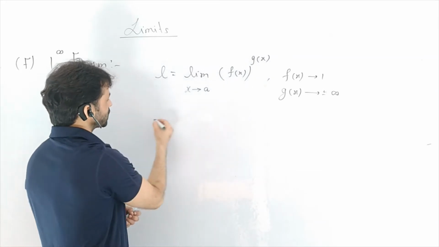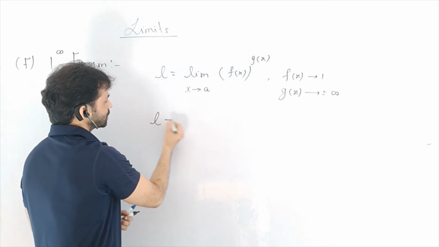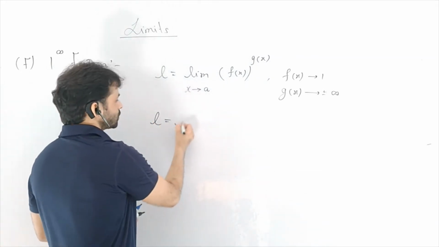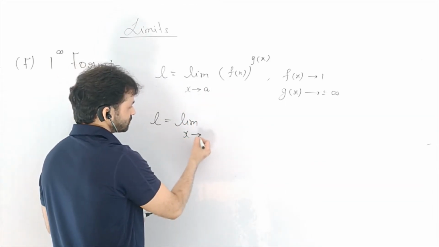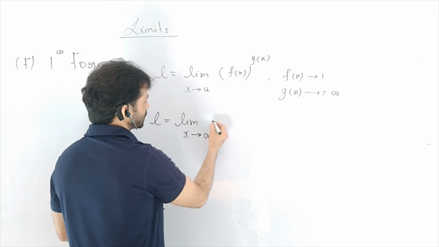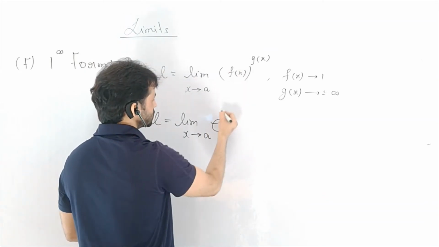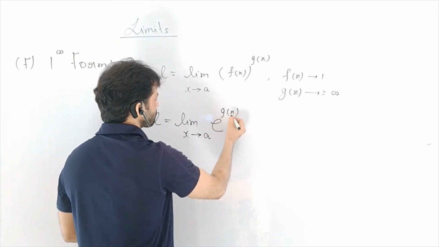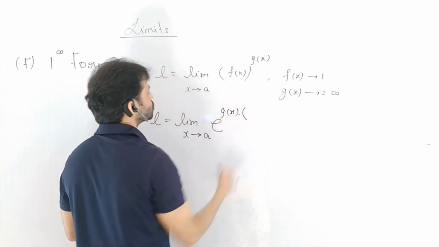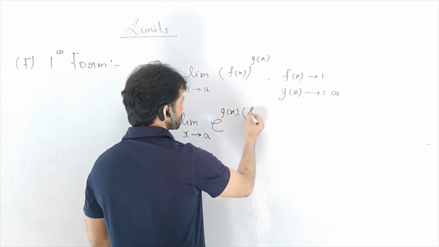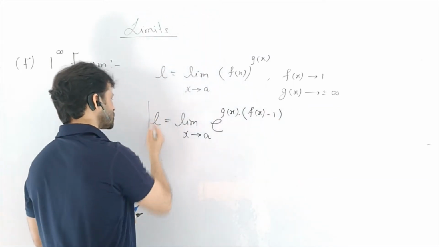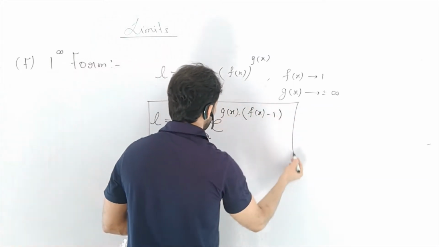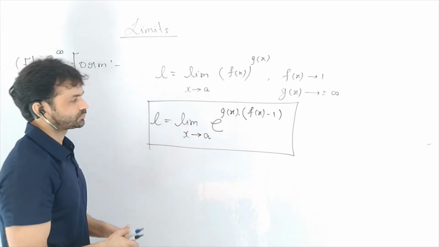If you have this form 1 to the power infinity, then you can write this limit as the limit of x tends to a, e to the power g(x) into (f(x) minus 1). This is the result. You have to use this result and the limit will be solved.